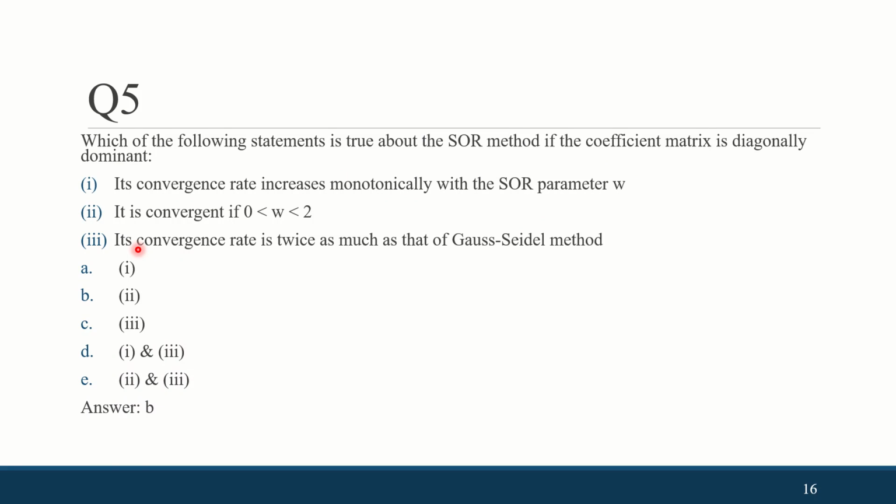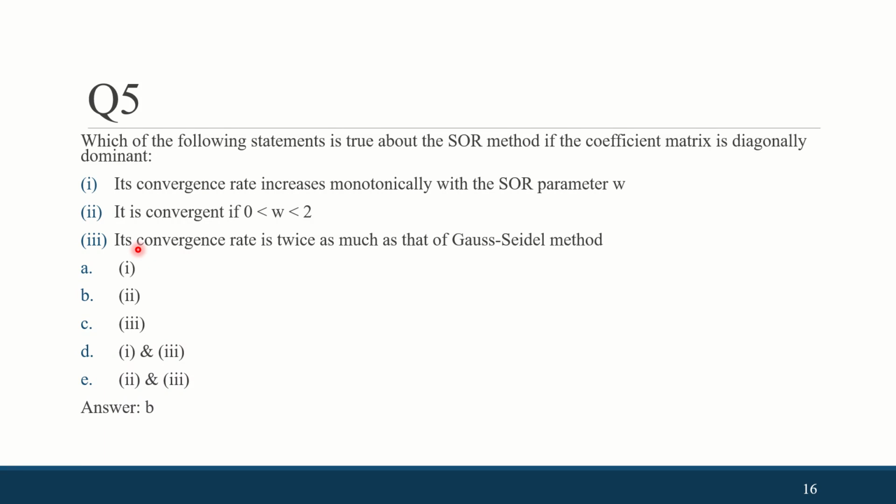So basically the second one is the only statement that is correct, because it is convergent between 0 and 2. Convergence is guaranteed: if omega is less than 1 it is under relaxation, if it is greater than 1, over relaxation, and at 1 we have the normal iterative technique.